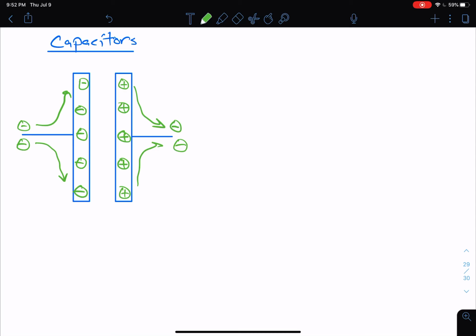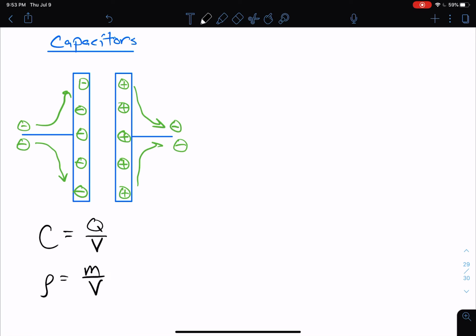Now, an important quantity to understand with capacitors is capacitance. Capacitance is defined to be the charge, the magnitude of charge on one plate, divided by the voltage between the plates. This is very similar to density.